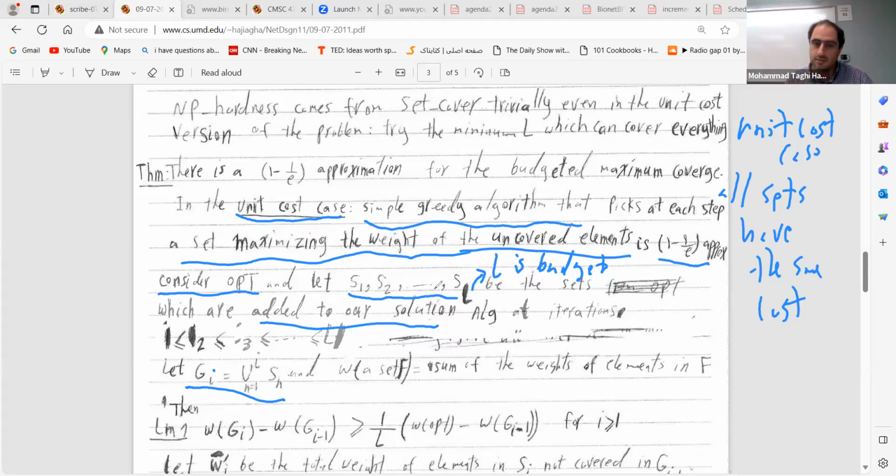Let G_i be the union of these i sets, and W of a set is just the sum of the weights of the elements in it. Good. Now, let's go and try to make everything clear.